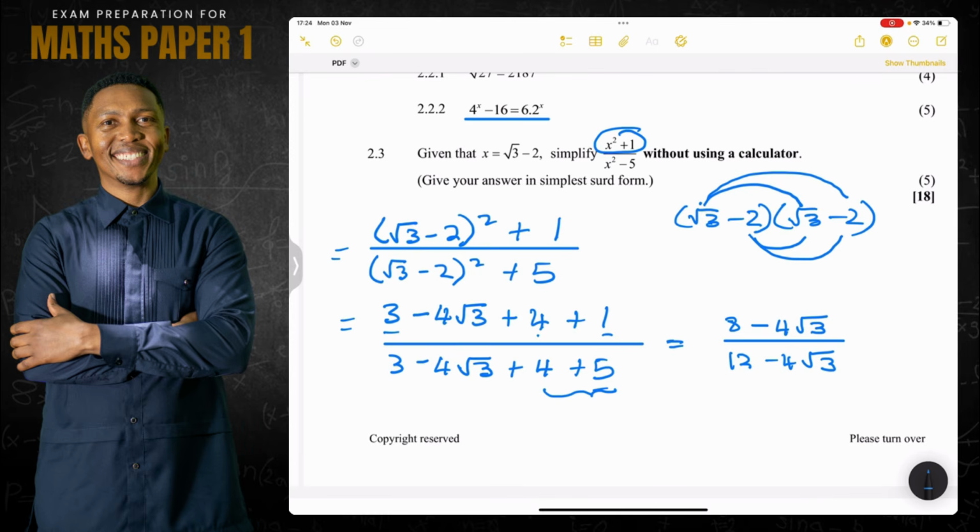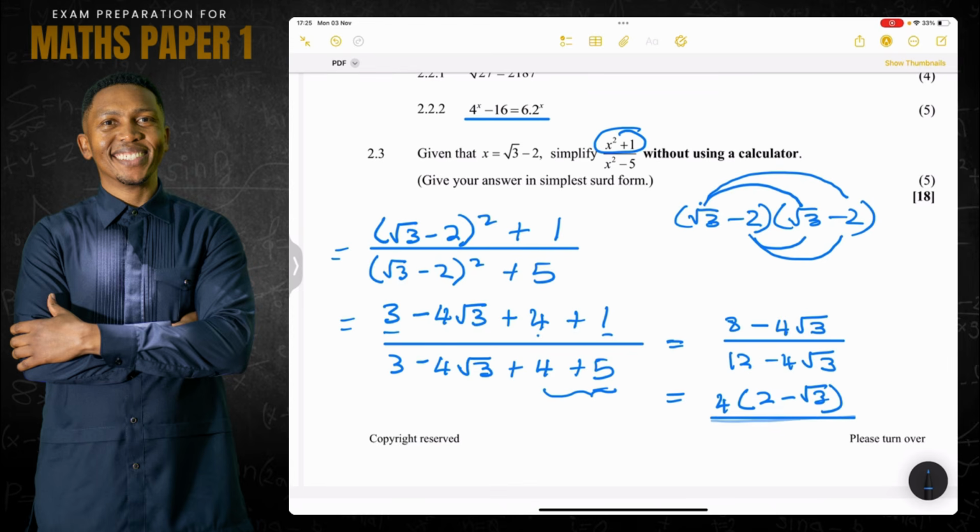Right, and now let's do this. Can we take out a common factor at the numerator? In fact, we can take out 4 as a common factor. That's going to be 2 minus square root of 3.